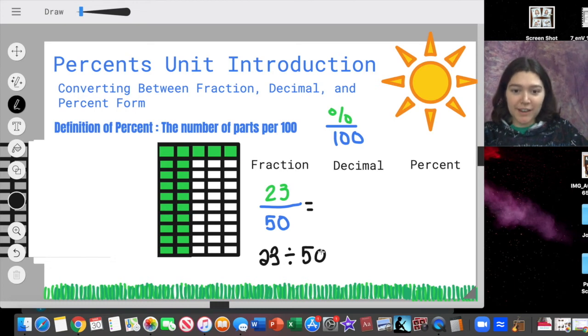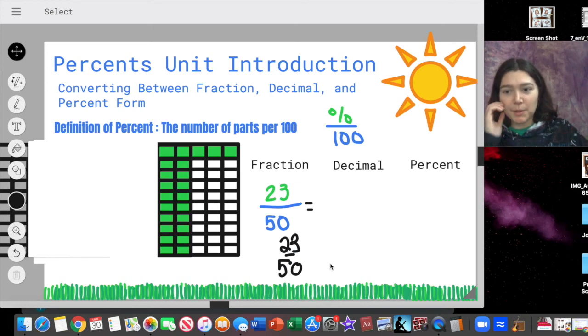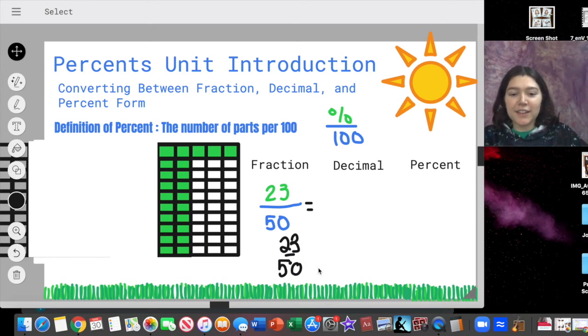Super important you know that. A fraction bar means division, and it's actually where the notation comes from with these little dots: 23 goes up to the numerator, taking the place of the top dot, and 50 goes to the denominator, taking the place of the bottom dot.